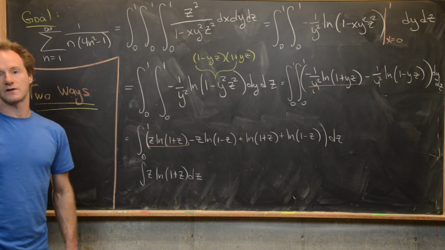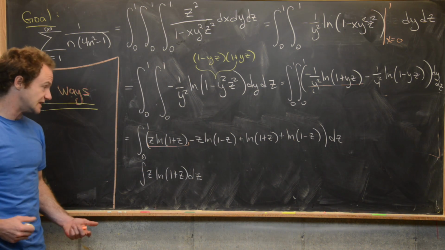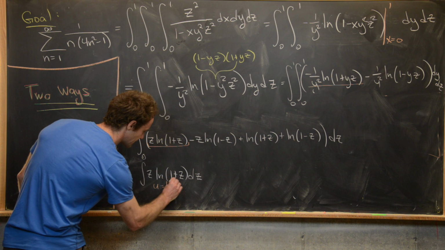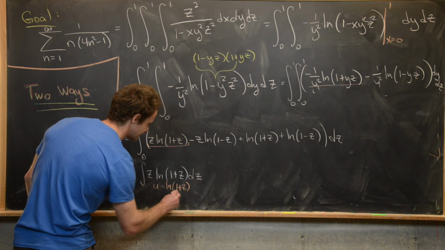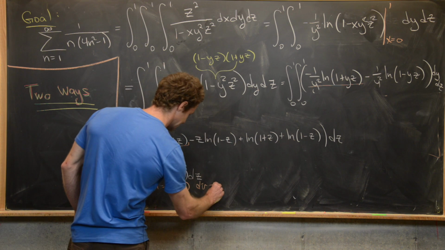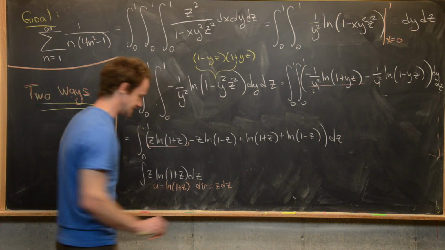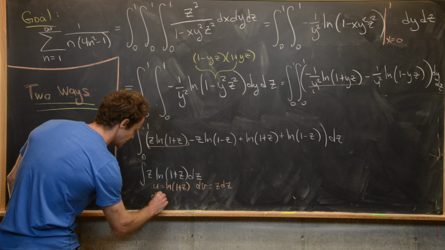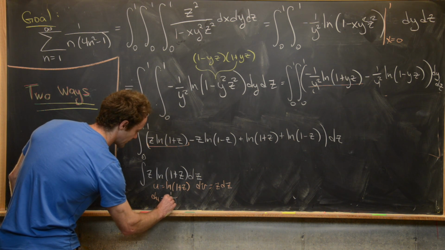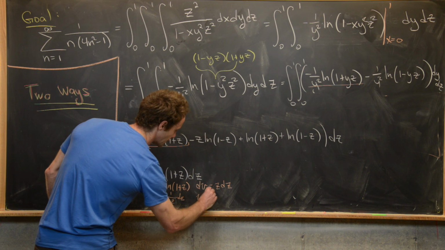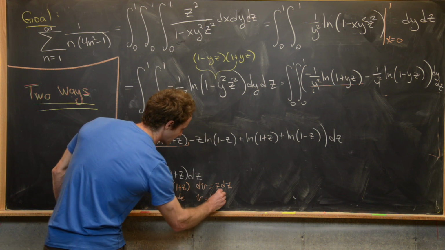So again, this involves an inverse function, which means we need to use integration by parts. We'll go ahead and let u equal that inverse function, natural log of 1 plus z. That's going to make dv the rest, which in this case is z dz. So from here we can calculate du, which is 1 over 1 plus z times dz, and then v, which will be half z squared.